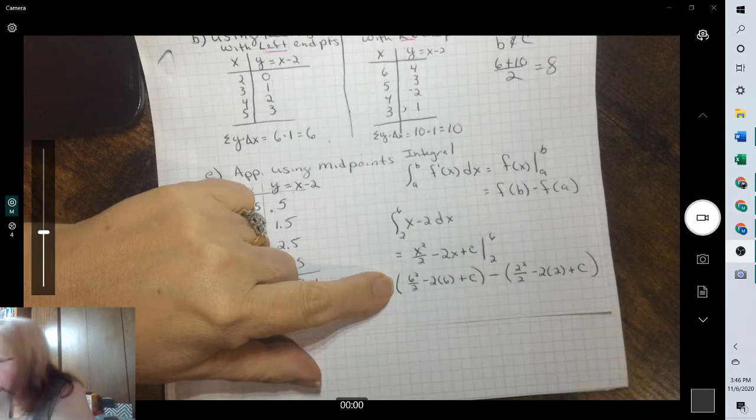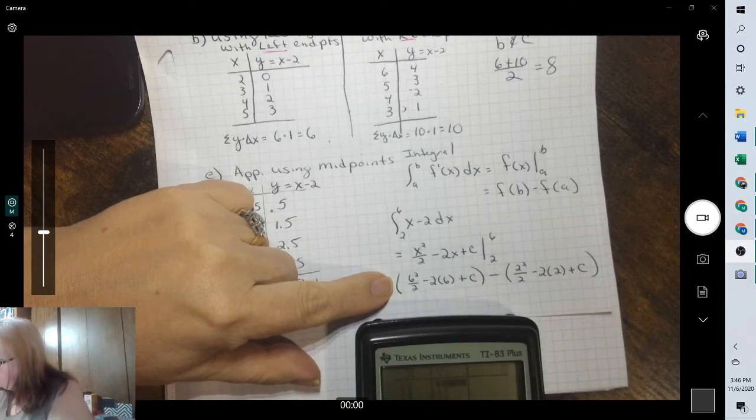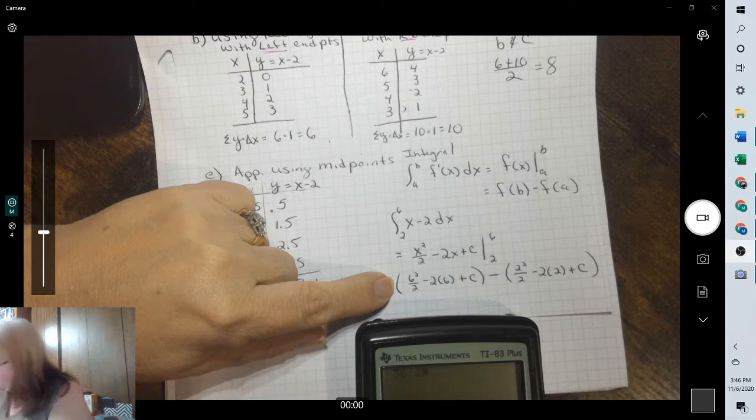And we're going to get 36 divided by 2 minus 12.